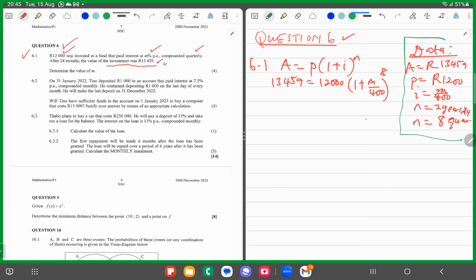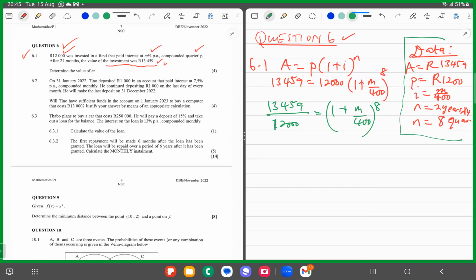Right, so this here is okay. And now we need to manipulate this. So we're going to divide both sides by 12,000, giving us 13,459 divided by 12,000, which equals 1 plus M over 400 to the 8th power.